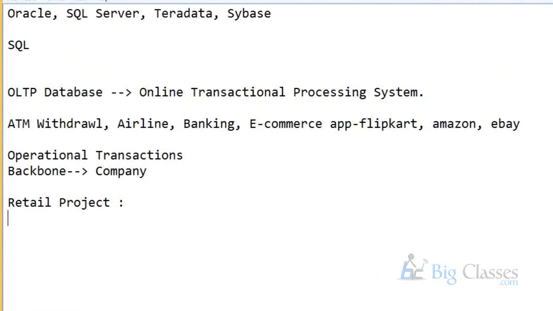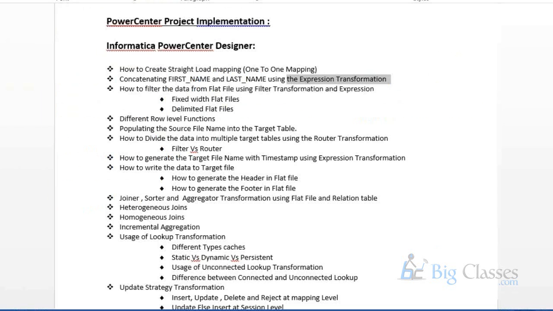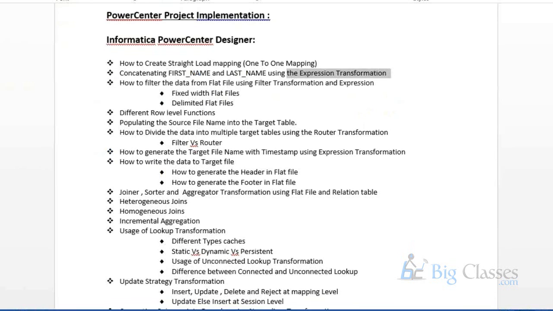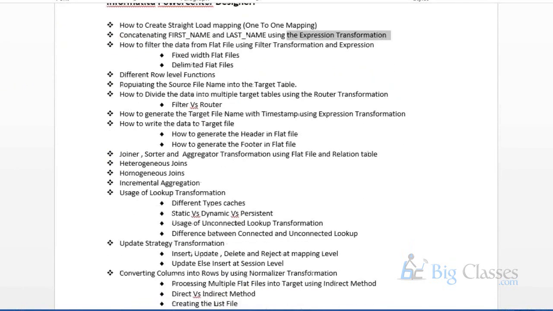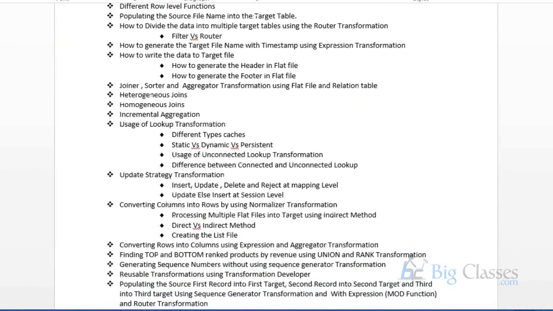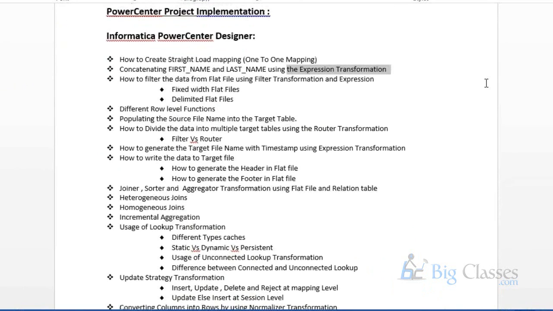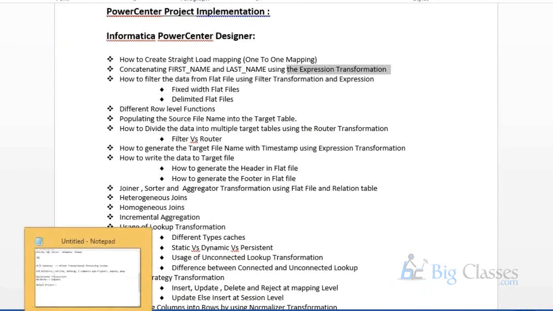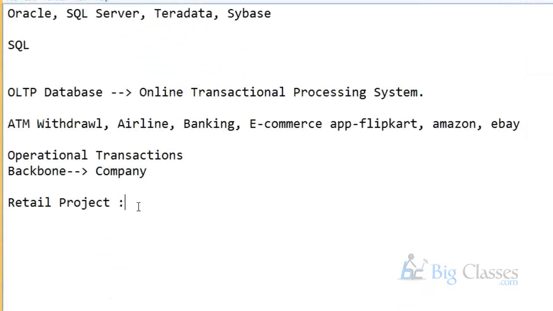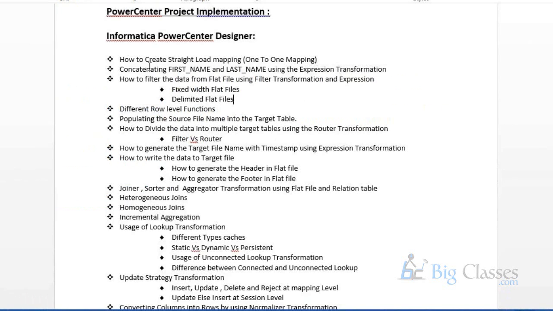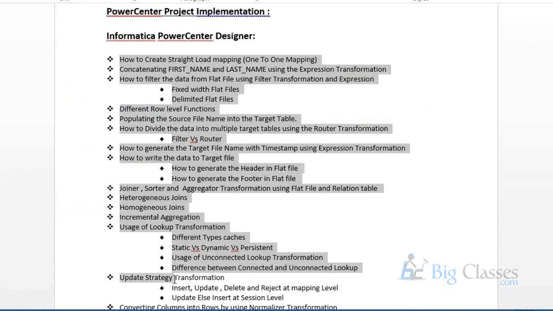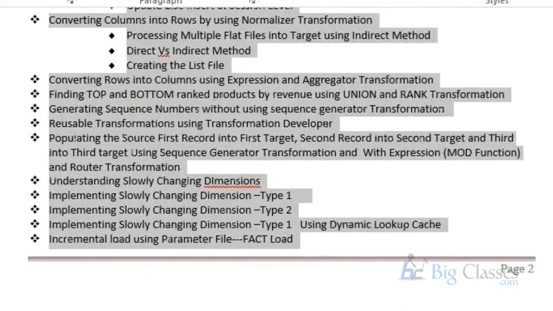Understanding the project life cycle, I'm going to deal with every transformation and every functionality in PowerCenter. We'll use different tables for this training, and it will be more or less like a real-time project, so we'll see every option in PowerCenter.